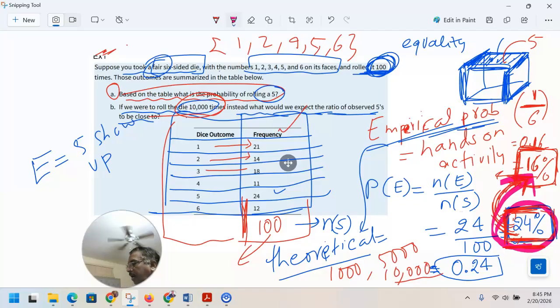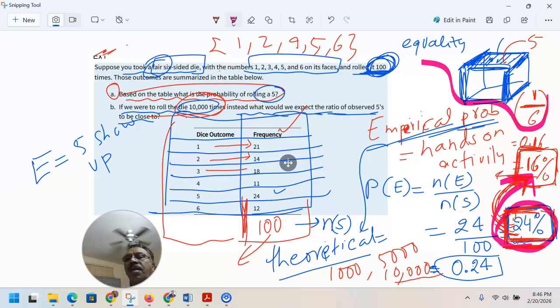So that's the understanding of theoretical. There are six sides, and the five side is just one of the six. So our theoretical probability would be that, which I already showed.